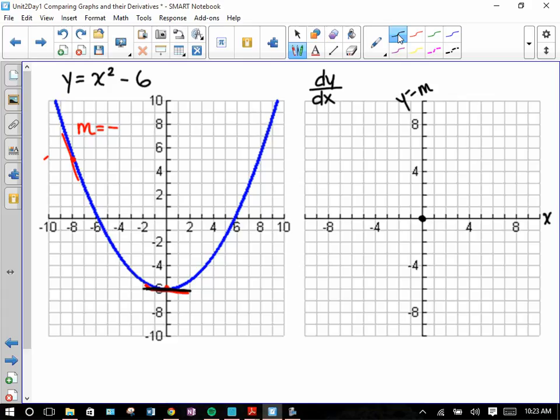So here we have up 1, 2, 3, over 1. At this point, it looks like it is going to be a slope of... Up here it's going to be a little more steep. So let's just say at -6, you have -3.